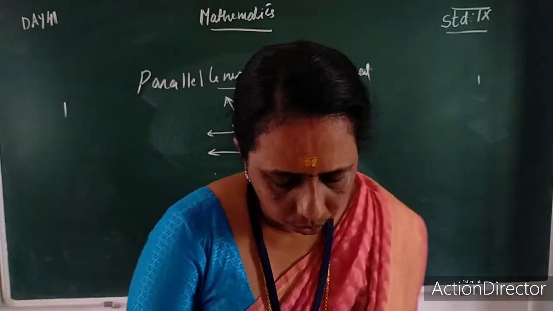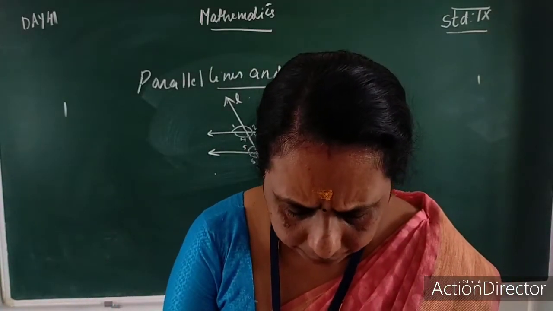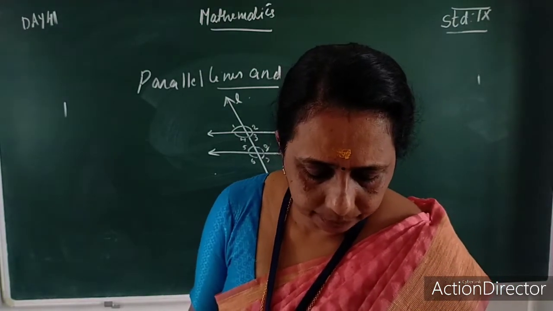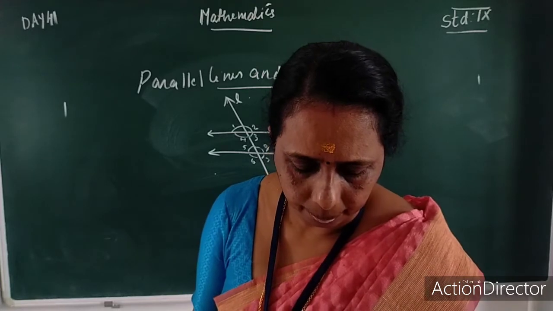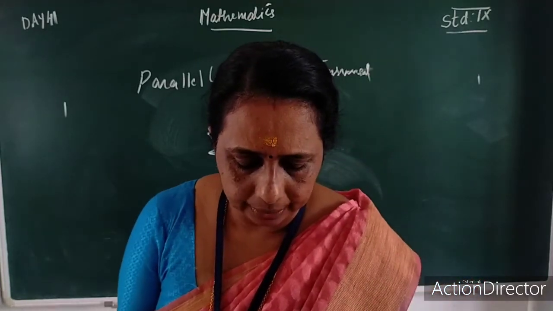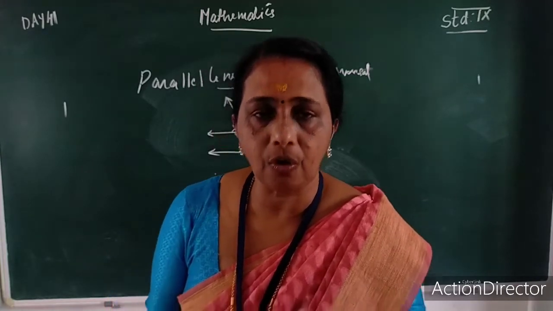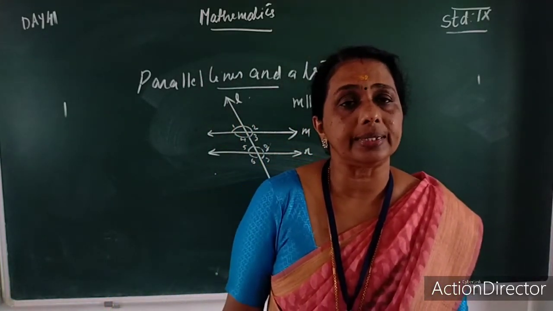Then in your textbook, page number 99, axiom 6.3. If a transversal intersects two parallel lines, then each pair of corresponding angles is equal.